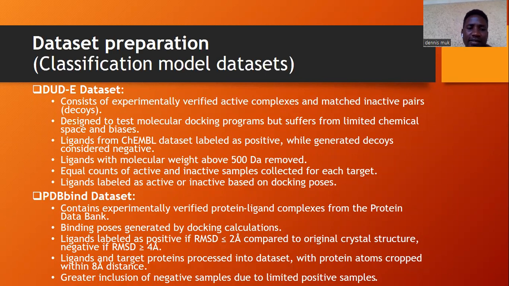So too, we have the PDBbind dataset, which contains experimentally verified protein ligand complexes from the Protein Data Bank. So these are binding poses generated by docking calculations, which are down below.